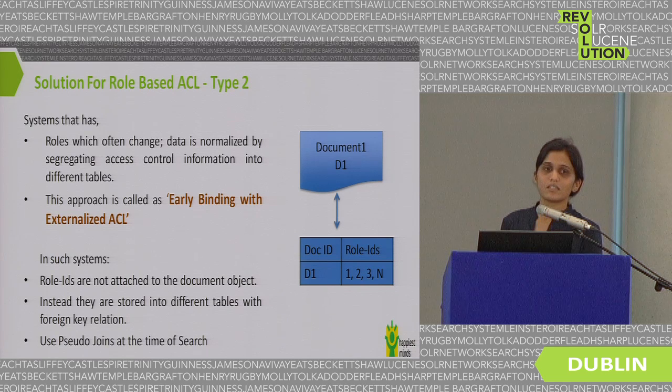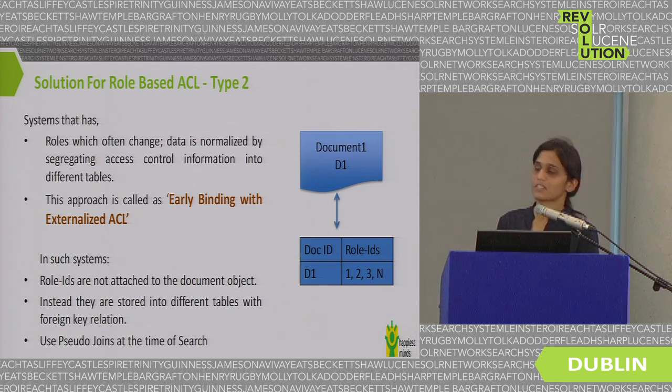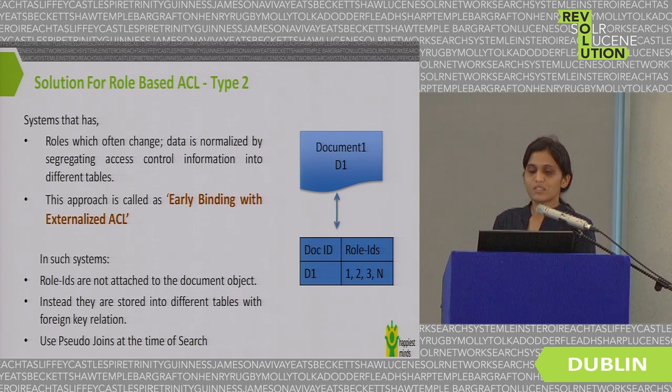Re-indexing the entire document, we might lose data or inconsistencies can happen. So we normalize it using a primary-foreign key relation, and we use Solr pseudo-join utils for that. There is a link for pseudo-join utils that we can follow to adopt this approach. Such systems are very rare, but if we have one, we can follow this.